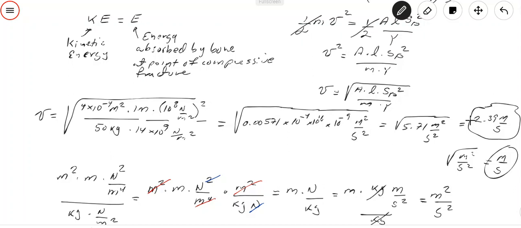So for speeds higher than that, we have a fracture of the bone of the arm. For speeds lower than that, probably there will be no fracture in the arm of the person that was running. So this is basically how we solve this exercise.